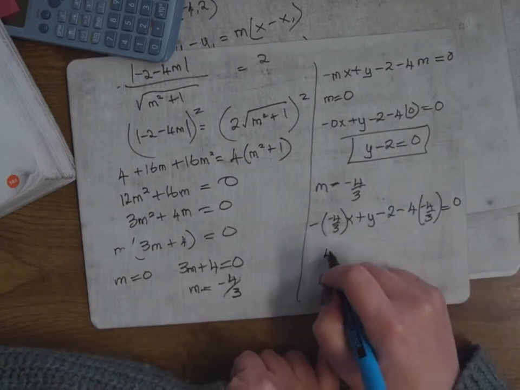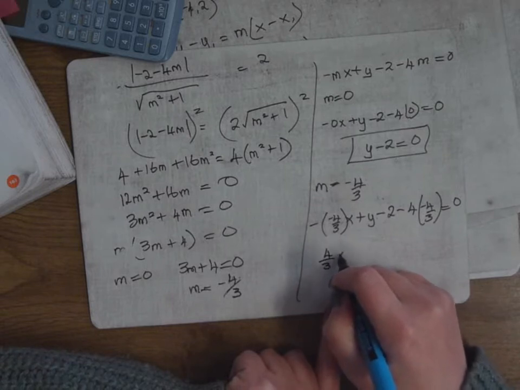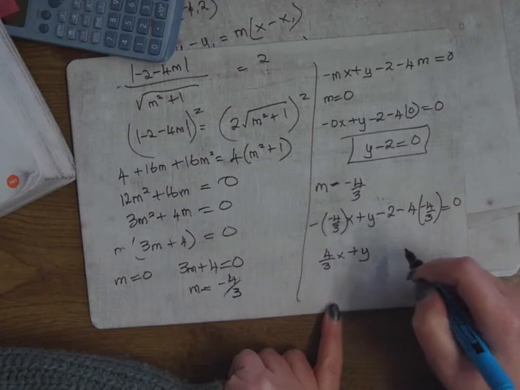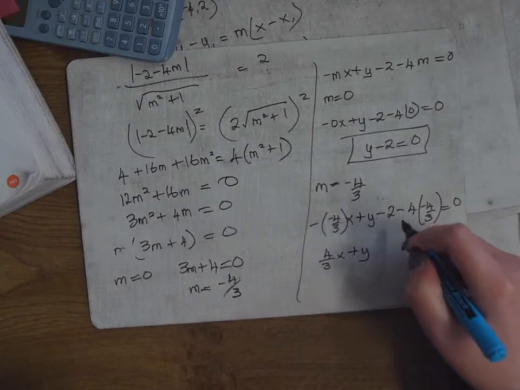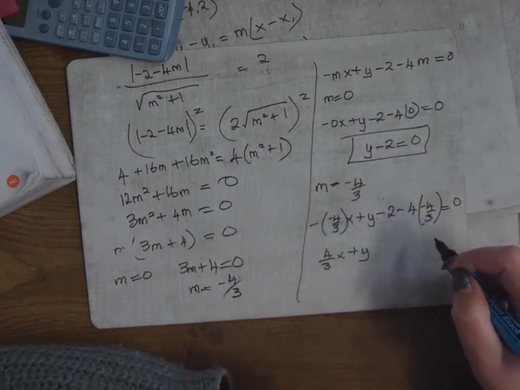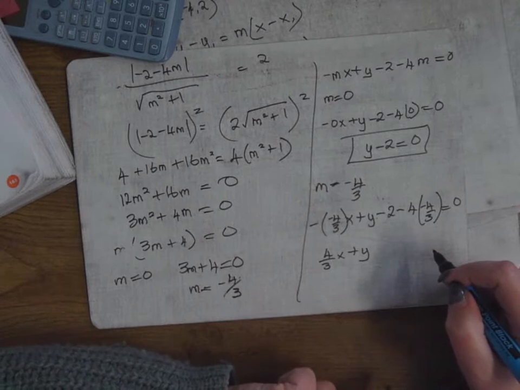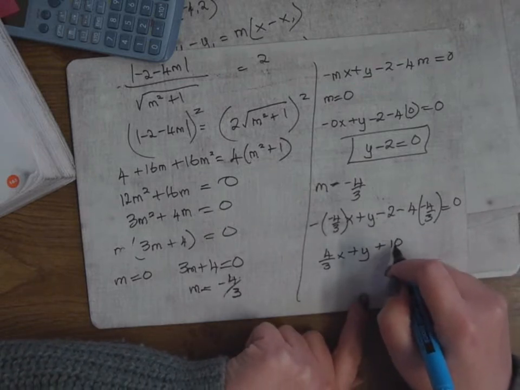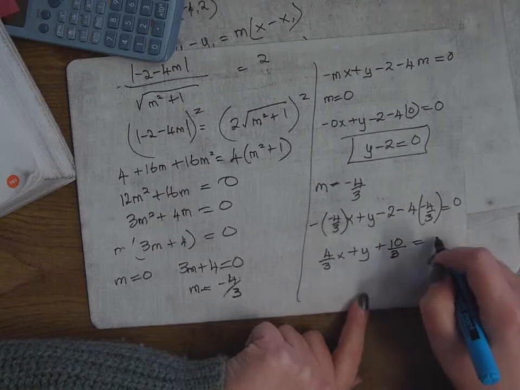That's 4 over 3x plus y, that's minus 2 plus 16 over 3. So minus 2 would be minus 6 over 3 plus 16 over 3 is plus 10 over 3 when I put those together. Calculator job.